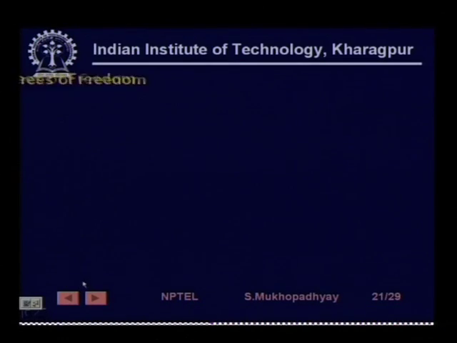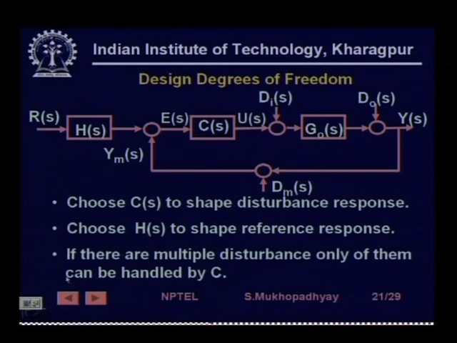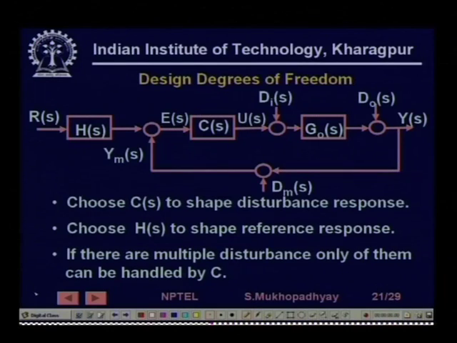Now, you could improve this situation by having this. In this case there are 2 degrees of freedom. Why? Because you have introduced a set point pre-filter.